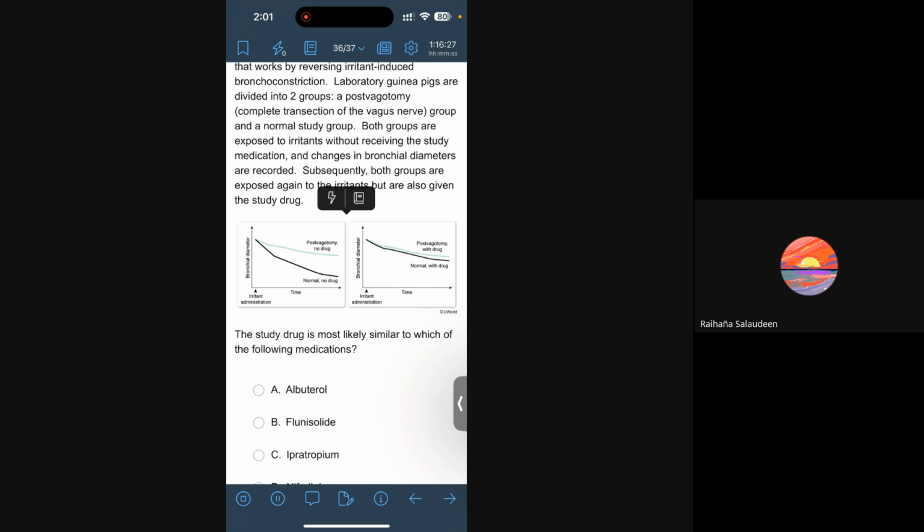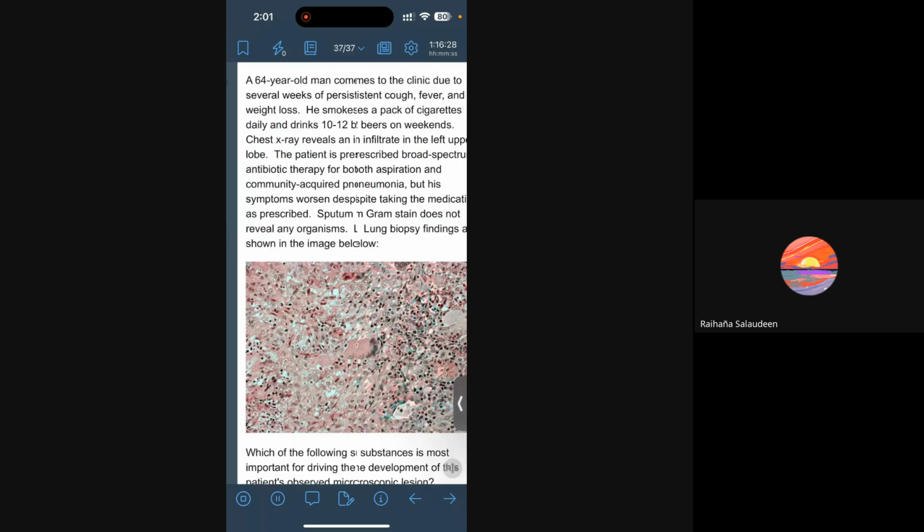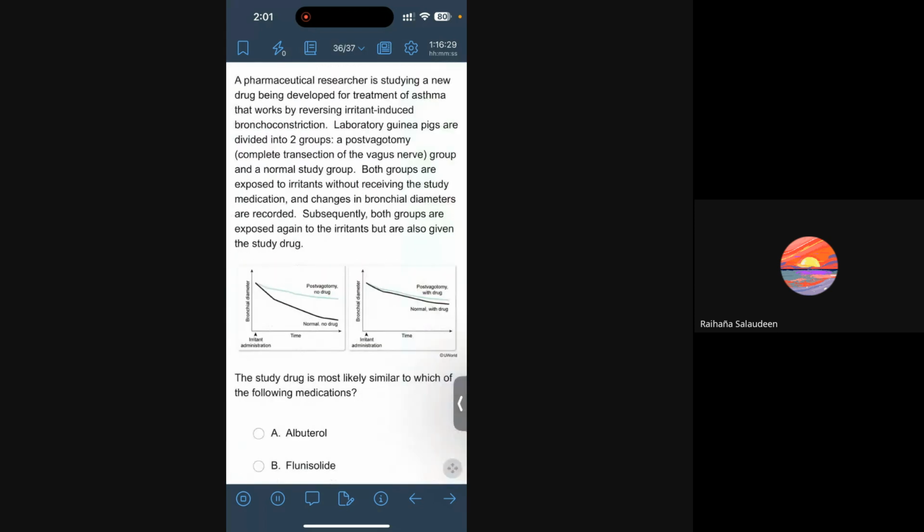There are 2 lines again in the second graph. The green line is the same as in the first graph, where you have cut off the vagus nerve and you are seeing bronchodilation. But in this graph, you also add a drug.